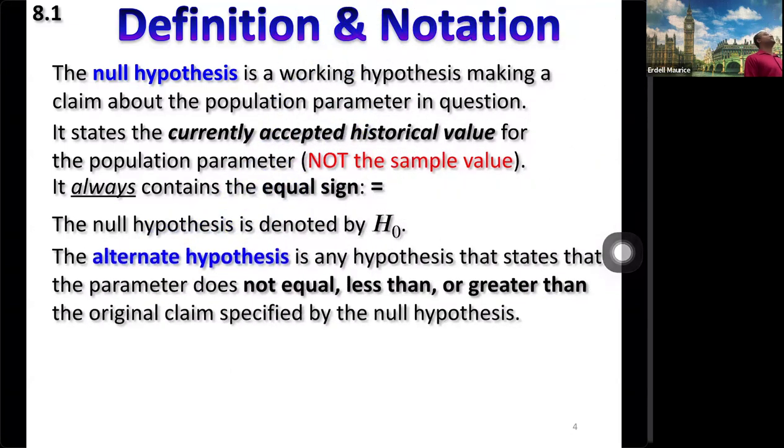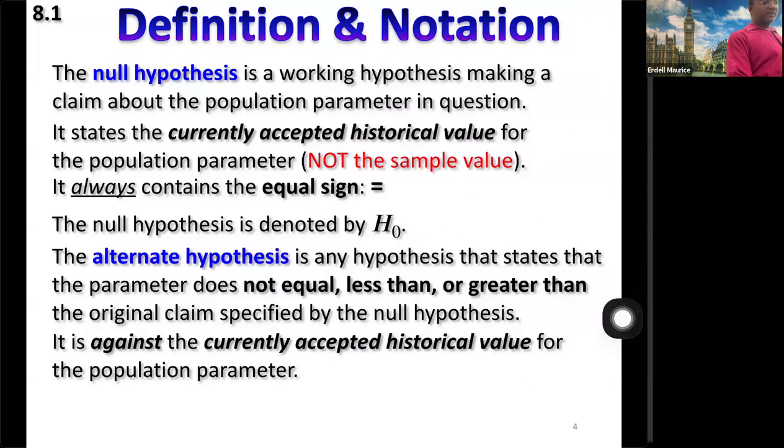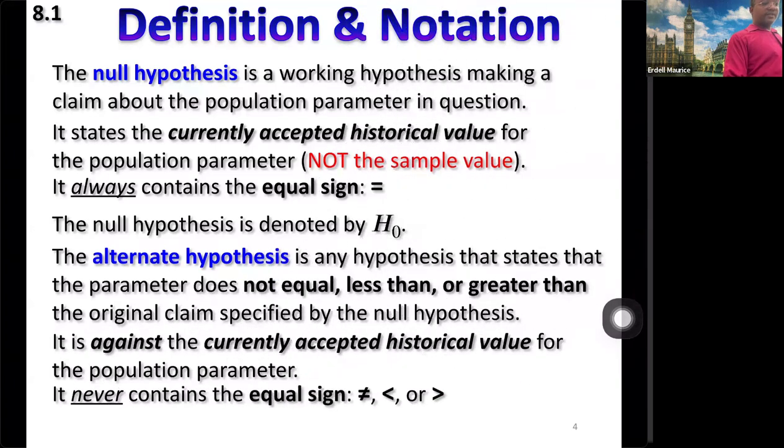The alternate hypothesis, on the other hand, is the change that we are trying to see. In our first example, the change we're trying to see right here is less than, i.e., the state of output from the cars is going to be less than what it was before. Yes? Because of this right here, your alternate hypothesis will use one of three signs.